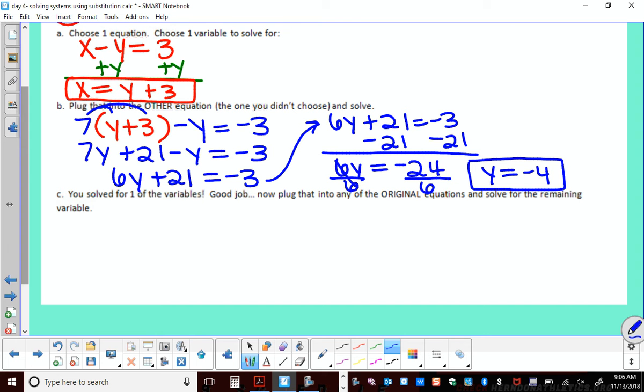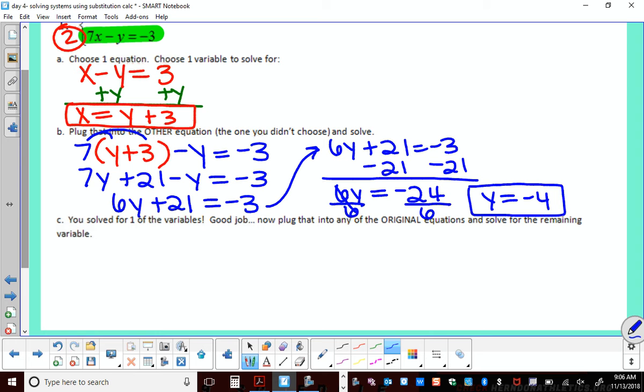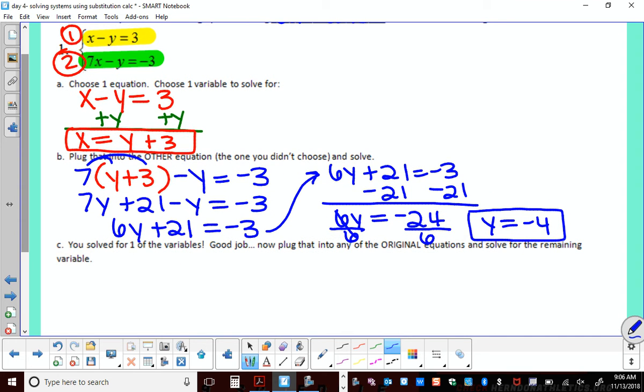All right, so you solve for one variable. Okay, we have our y. Good job. Now plug that into the original equation and solve for the remaining variable. So my main equation was the first one. Let's go back to just the original. x minus y equals 3.